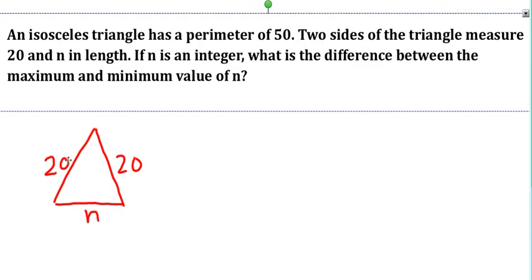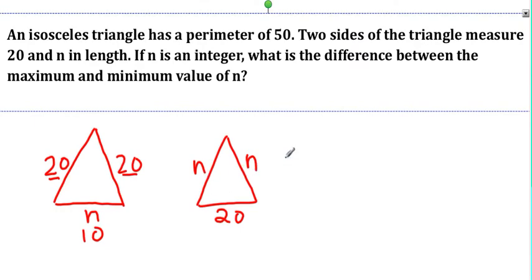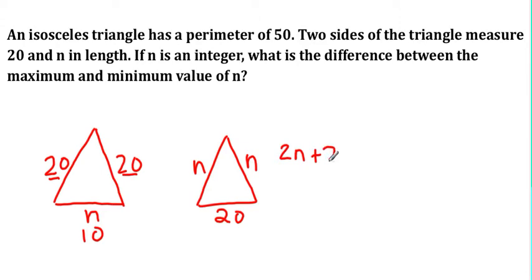This is just playing with isosceles. And then I could have n and n and 20. Well, these two added together is 40, so that makes this side 10. These two added together is 2n plus 20 equals 50.